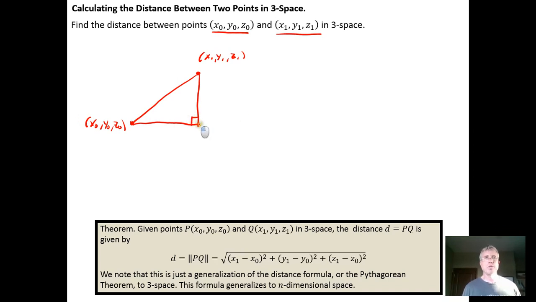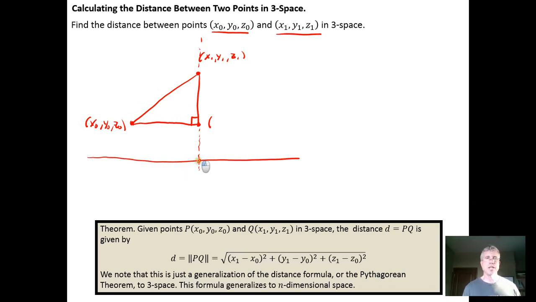The idea is that if we construct a right triangle in three-dimensional space, we can find the coordinates of this point right here. This point will have the same x and y coordinates as the points above, because we're just dropping a perpendicular from this point towards the xy plane. So we're dropping a point either up or down to the xy plane.